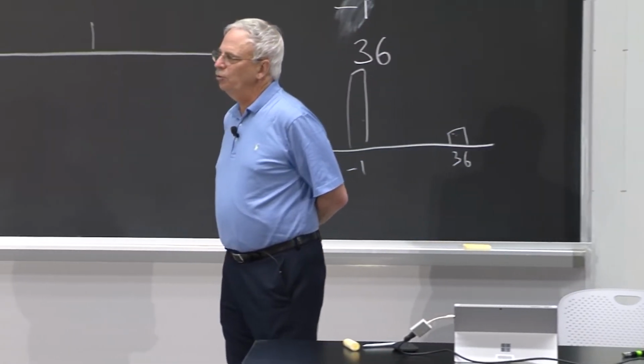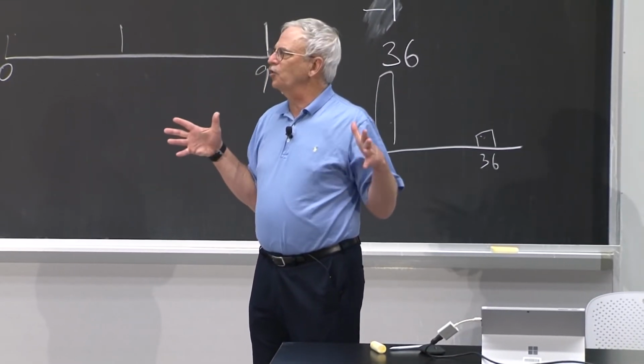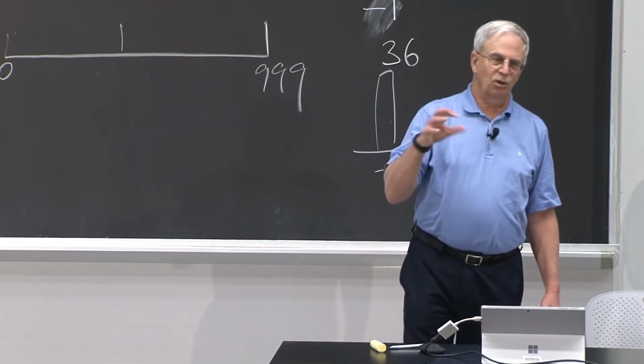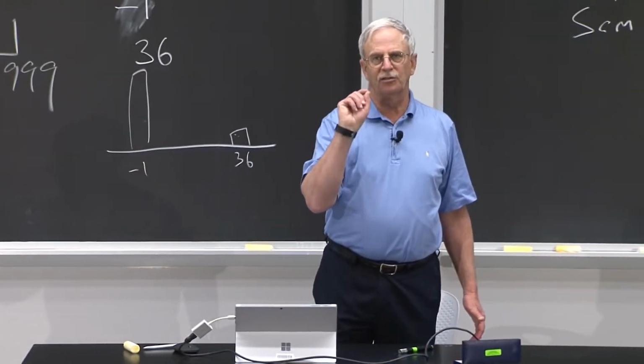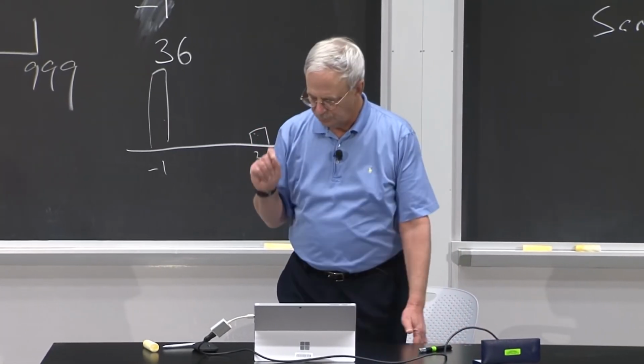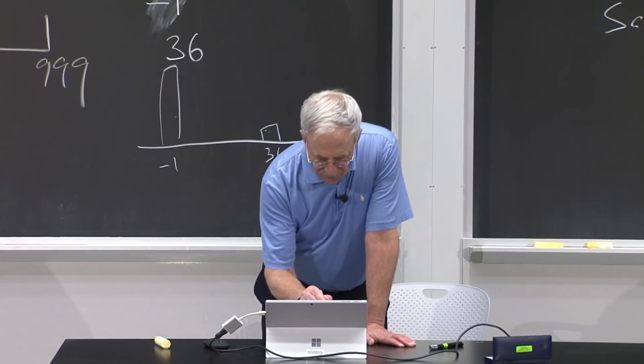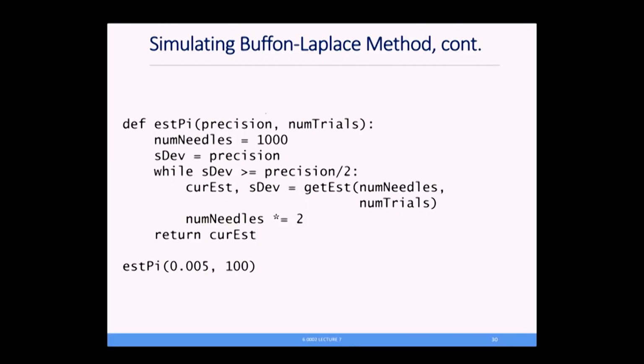However, to do that within a certain precision, I'm going to have yet another loop. And I'm showing you this because we often structure simulations this way. So what I have here is the number of trials, which is not so interesting, but the precision.